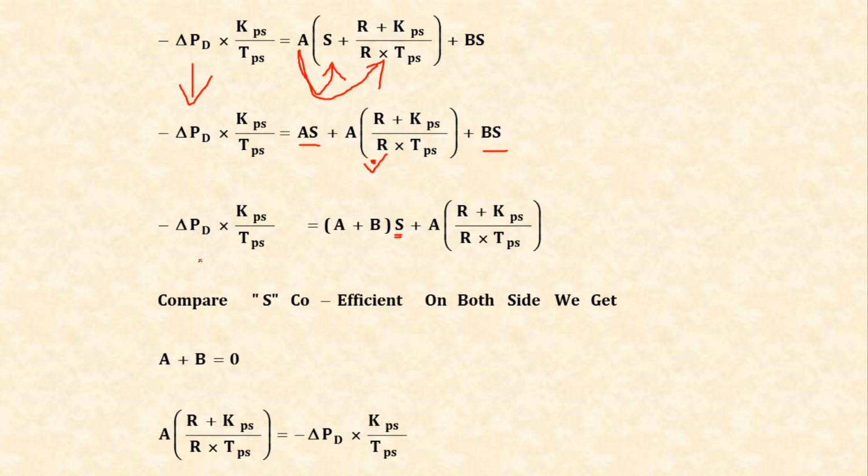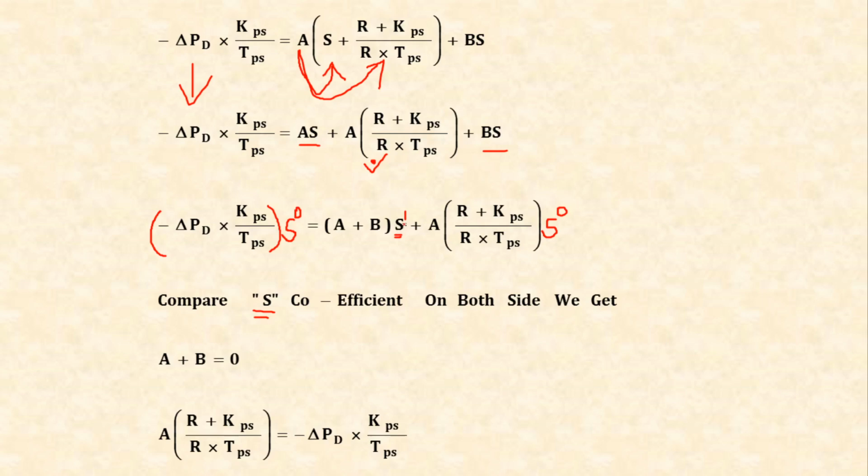Now we will compare both sides of the equation by the coefficient of s. So over here there is a coefficient of s raised to 1. Here there is no term of s, so I can simply say that the term is with s raised to 0. Again on the left hand side there is no term which contains s, so I can say that here also the term with s is s raised to 0. If there is no term, then we can write it with power of 0.